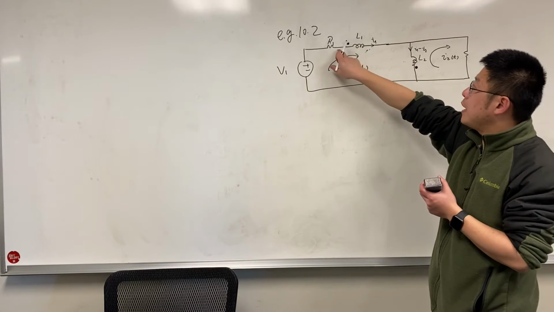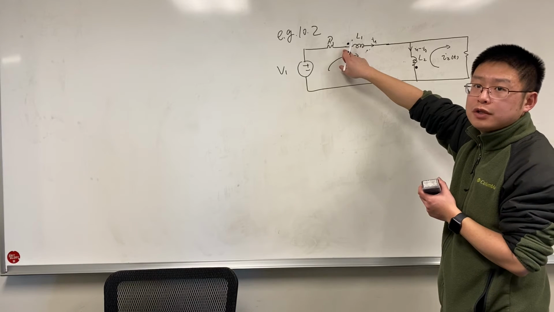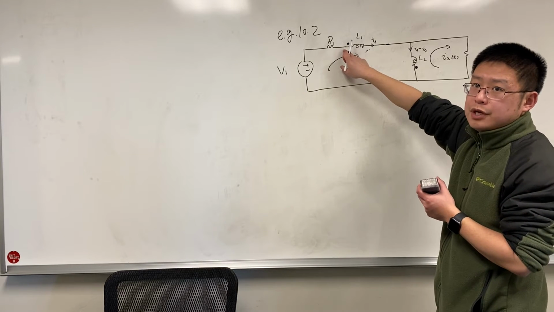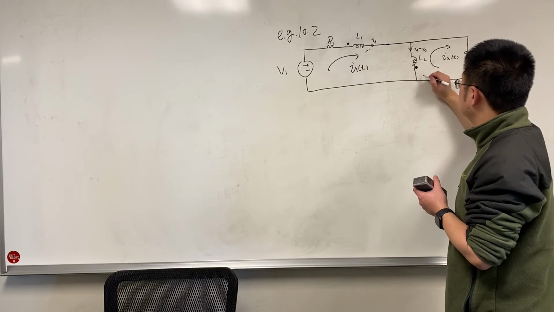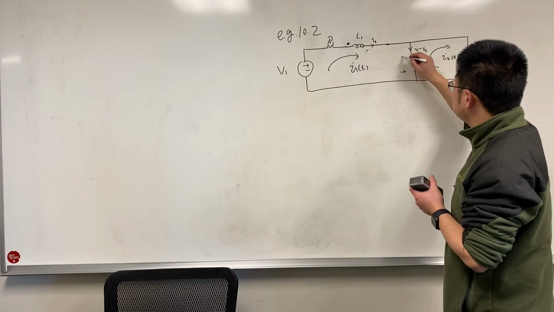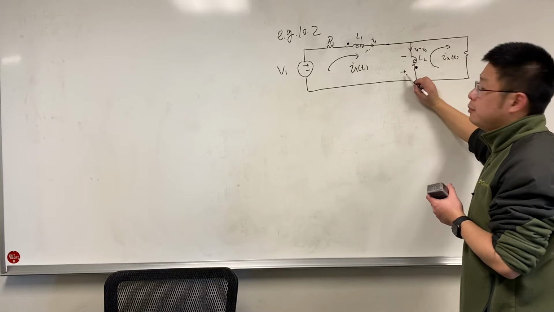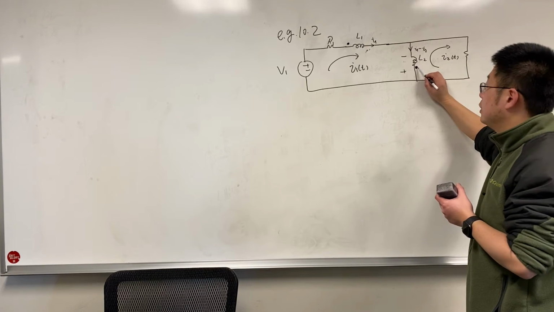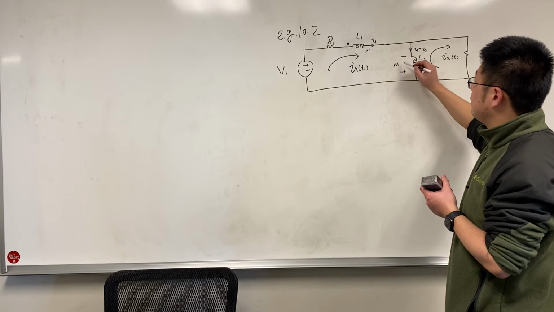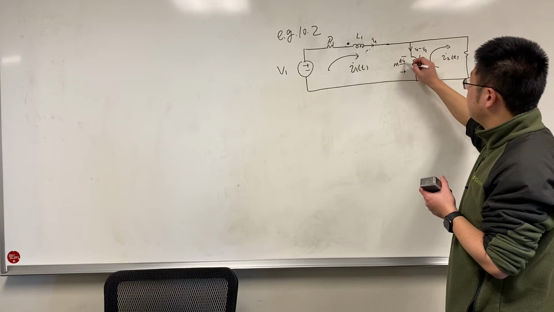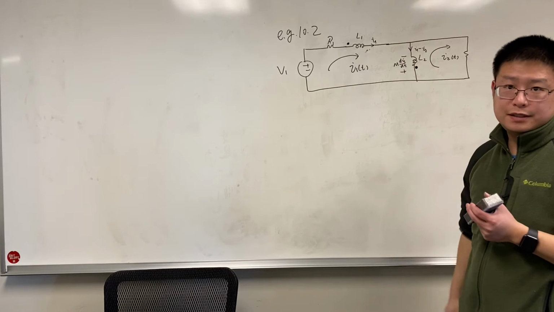So this I1 is entering the dotted terminal, so it will generate a voltage which is positive at the dotted terminal, and its magnitude is M times dI1/dt.